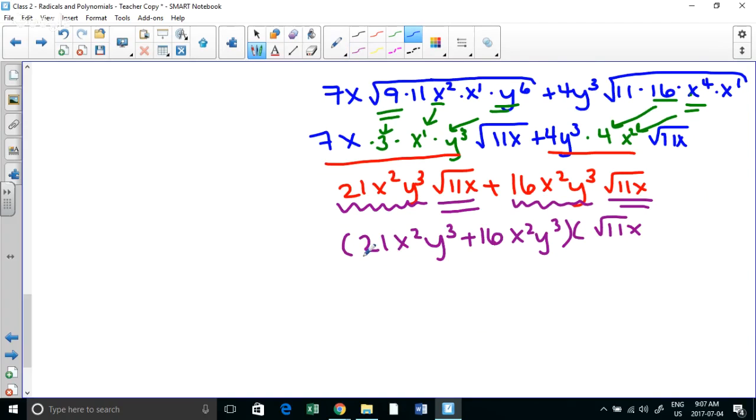Now before we add these up, we also have to look to see if this is the same as this, because we cannot add terms that aren't alike. It's x squared y cubed. So I can just take these coefficients and add them up. 37x squared y cubed root of 11x. And I'm done.